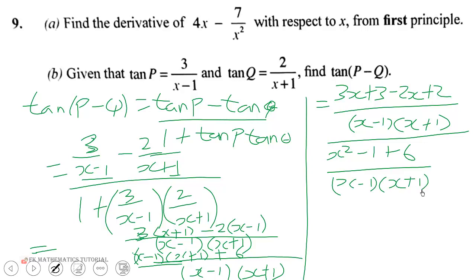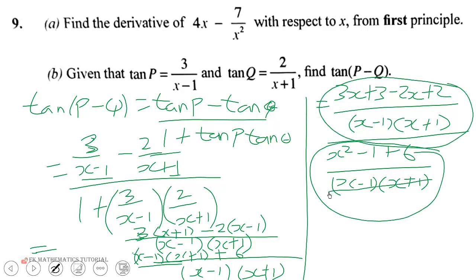So when we reciprocate this and multiply by this, and this will cancel, we are going to get at the numerator 3x minus 2x, which is x, then 3 plus 2, which is 5. So x plus 5 all over x squared plus 5. So that is what we are going to get for tan P minus Q.